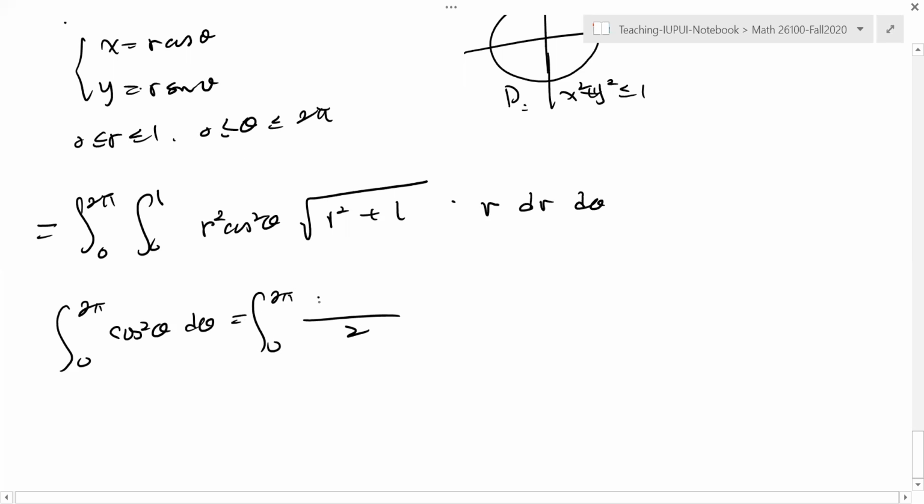So this will be 1 plus cosine 2 theta d theta. Now, the integral of cosine 2 theta over the whole interval from 0 to 2 pi will cancel out. So what you get is only half of 2 pi, which is just equal to pi.